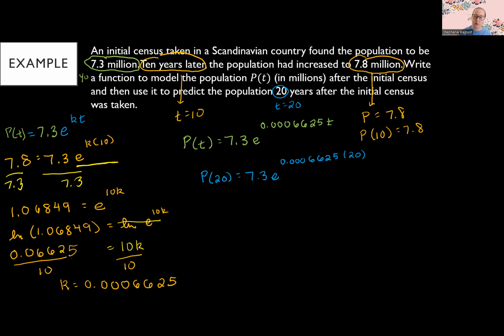So in the exponent, I need to multiply the 0.006625 by 20 first. And so that gives me 0.1325.